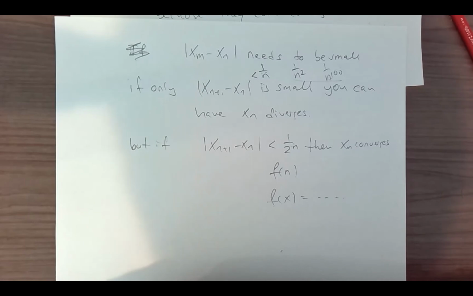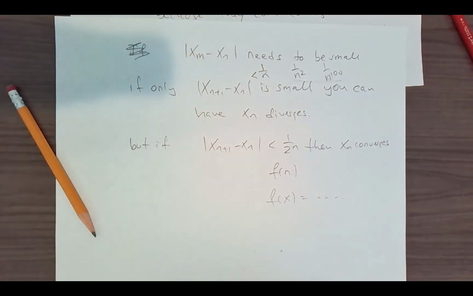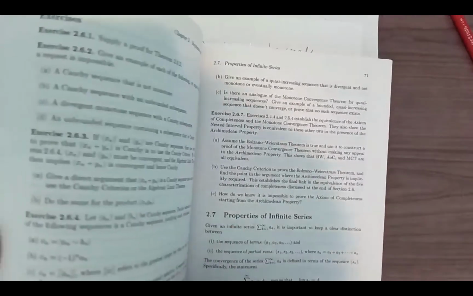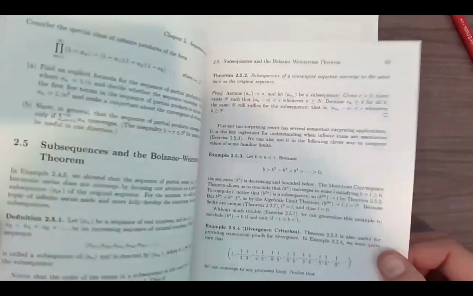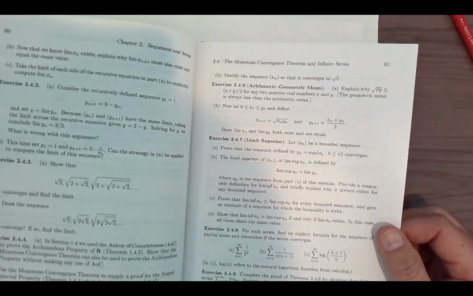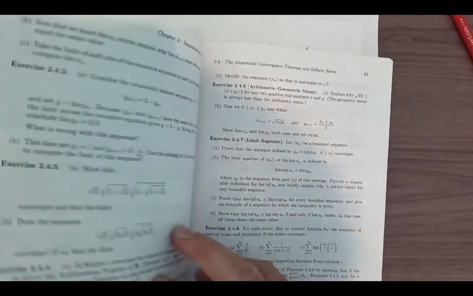And typically the unfortunate situation that you almost always end up in is these ambiguities. And we talked a little bit about this, when you prove something with a ratio test.